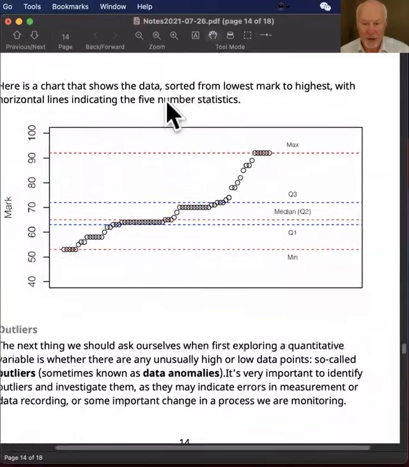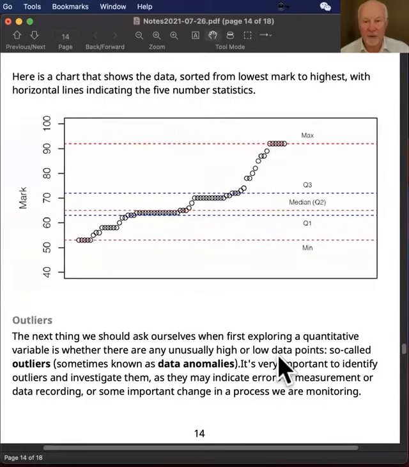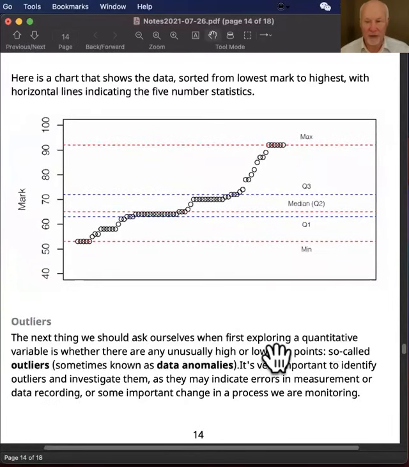And I've got a chart here which shows the marks of all the students sorted from smallest to largest, and you can see that it makes a very roughly S-shaped curve, and that shape happens to be typical for student marks if everything is going reasonably well with the way the marking is done with the assessment.